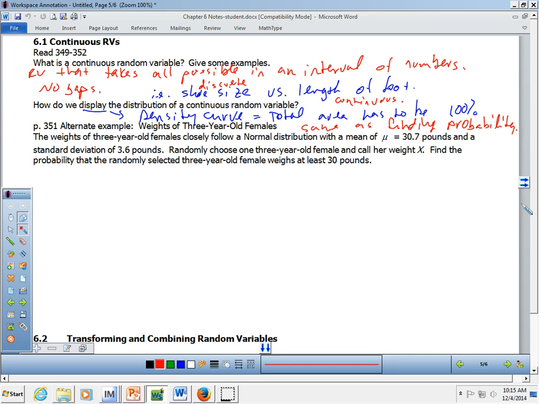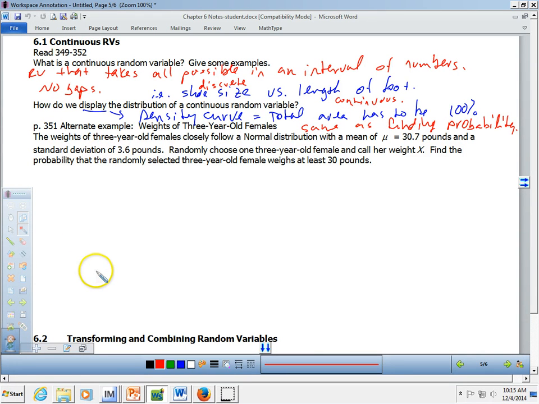So from a normal curve, or any density curve, finding the area under that curve serves two purposes. It's either, in a sample, the proportion of individuals that fall in this interval, or, in terms of a random process, if I randomly select someone, the probability that they fall in a certain interval. It serves two purposes.